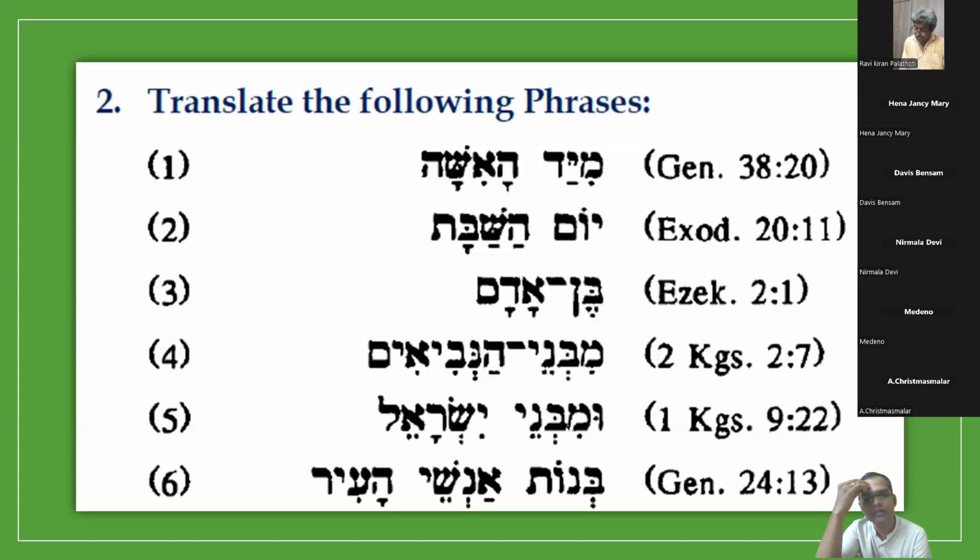Which one is son here? Bene. Bene is a noun construct in plural form or singular form? It's in plural form. So what should be the translation? Sons. Then what about that mem and hiriq?